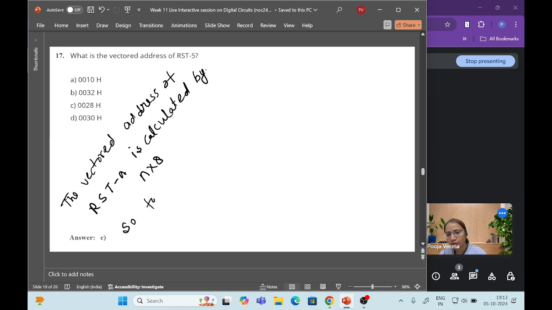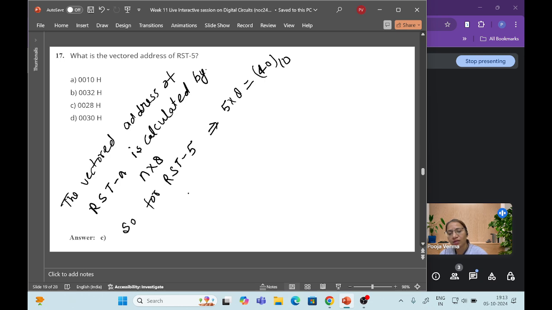So for RST5, n is 5, 5 into 8 is 40, but it is in decimal.